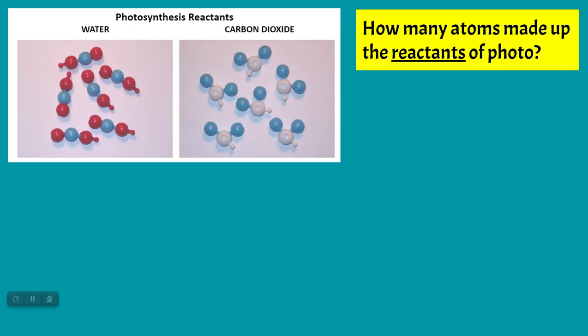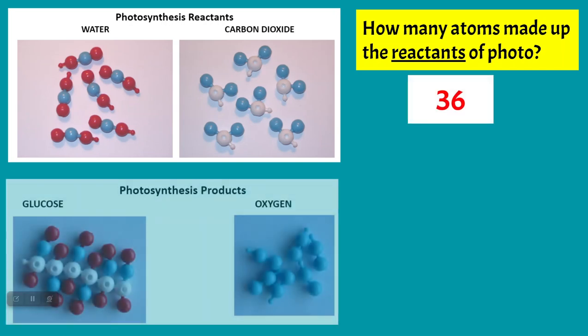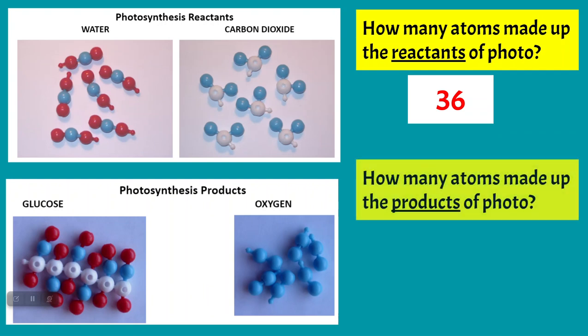So if you count all of our atoms up, you'd find that we had 36 different atoms, 36 different pop beads. Then we created the products of photosynthesis, and we had one big glucose molecule, and we had 6 different oxygen molecules. But if you break it up into exactly how many atoms you have, we still only have 36 atoms.